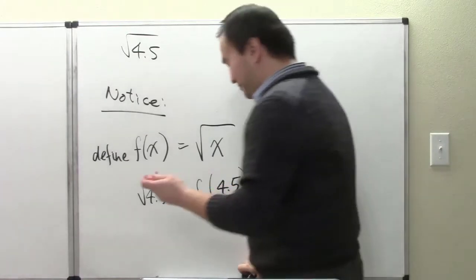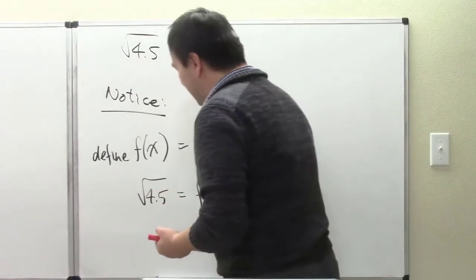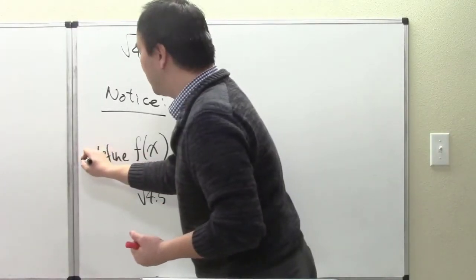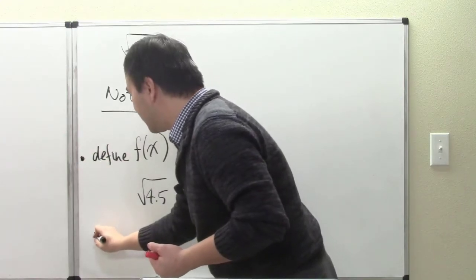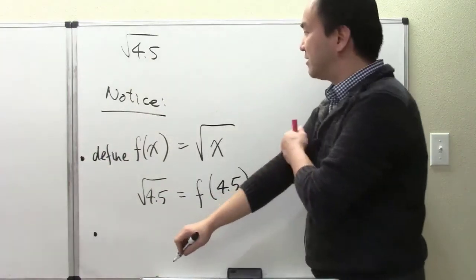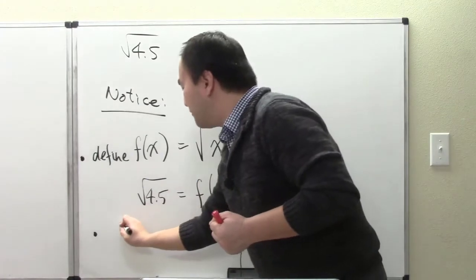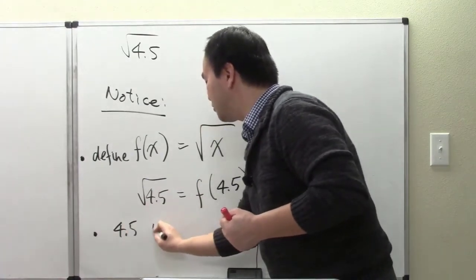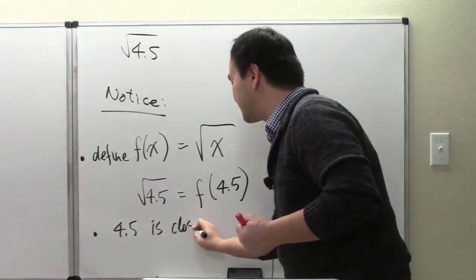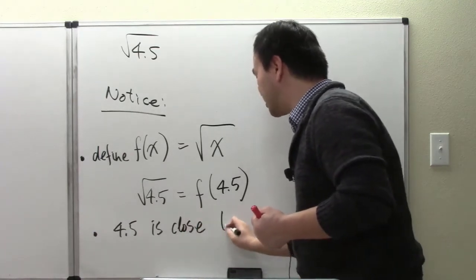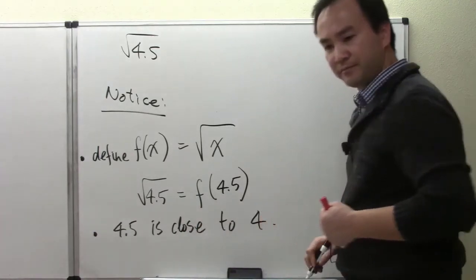Another thing to notice, so that's one bulleted point. Another thing I want to raise your awareness about is that 4.5 is so close to 4, am I correct?